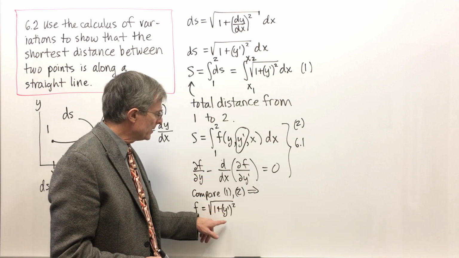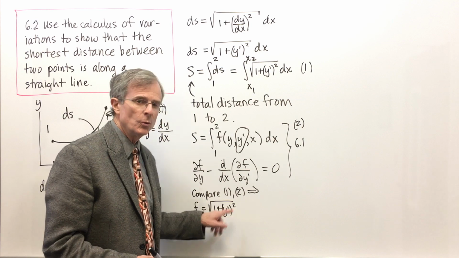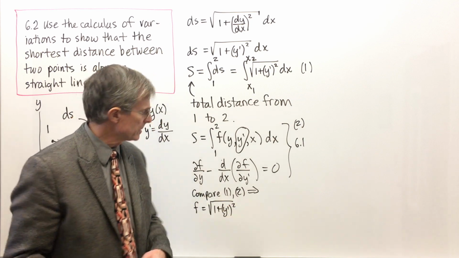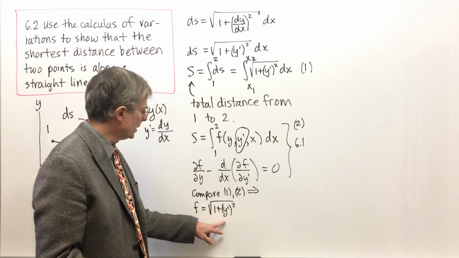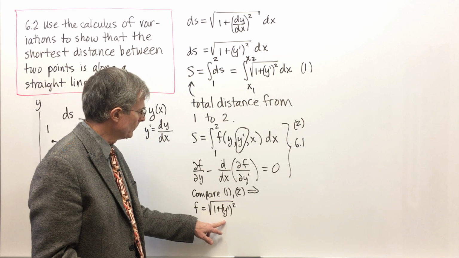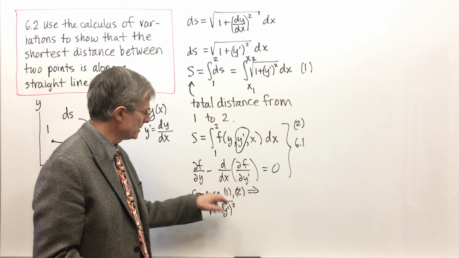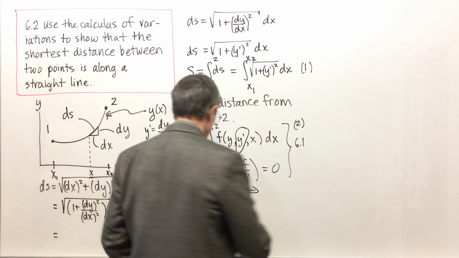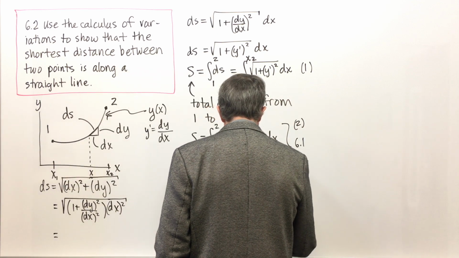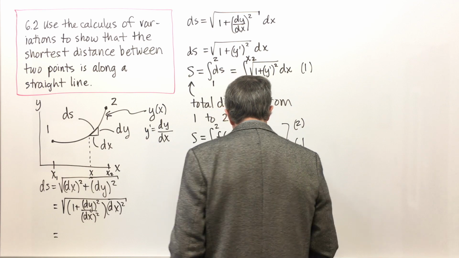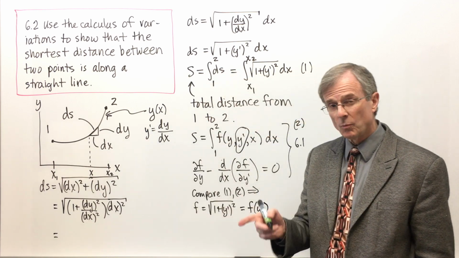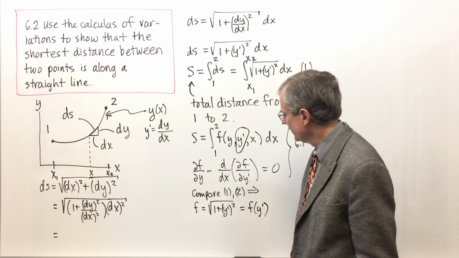Well, there is a dependence on x through y prime, which depends on x, but assuming you have an arbitrary y prime, there's no explicit x dependence. So this really only depends on y prime, and not on y, and not on x.